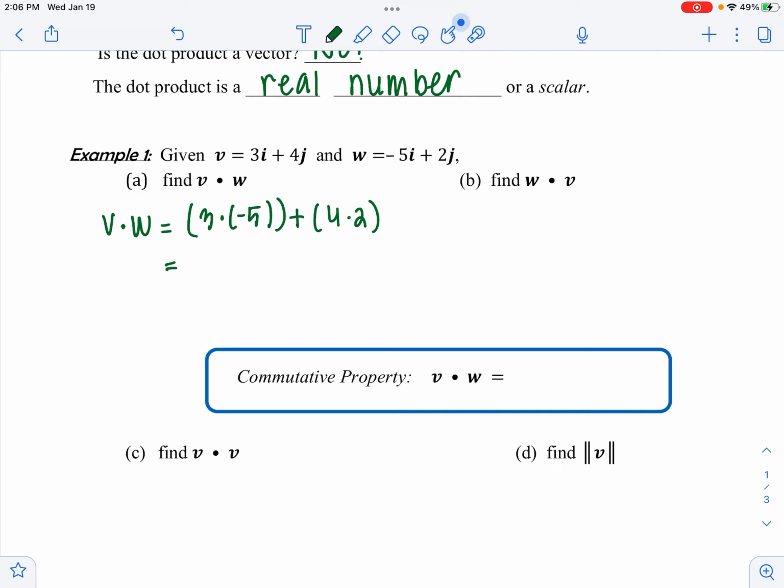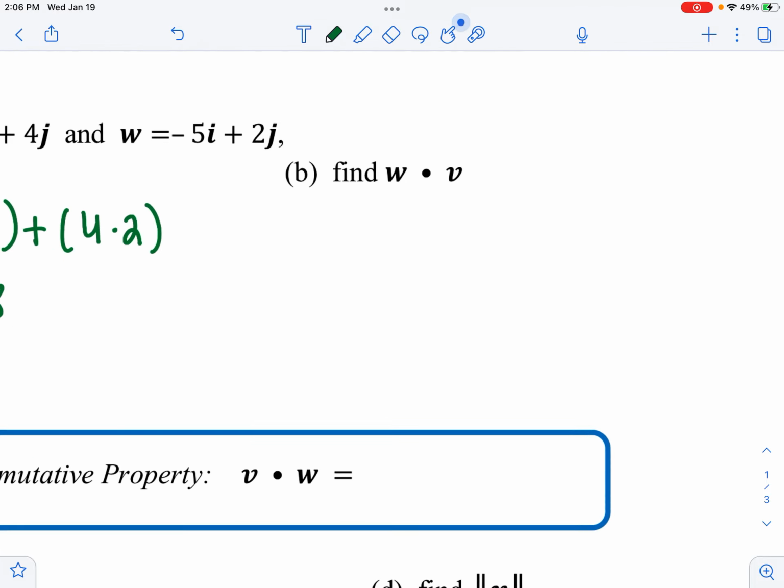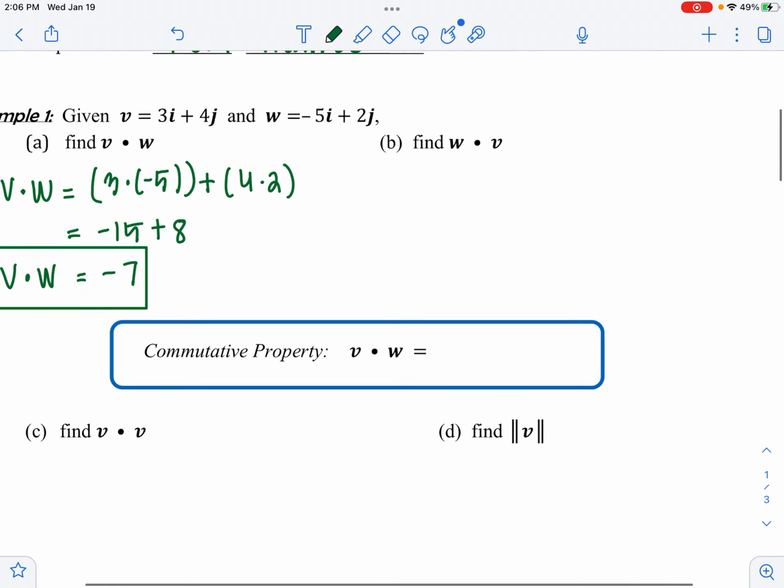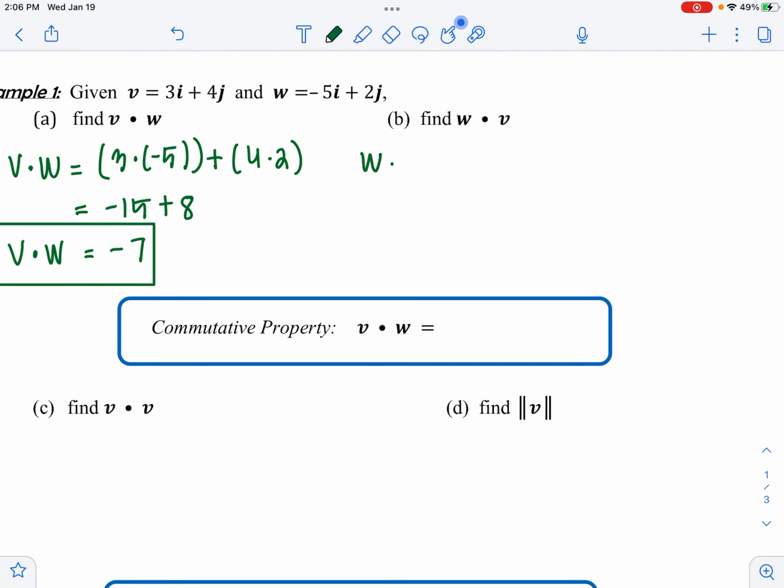Now you just multiply and add. So 3 times negative 5 is negative 15, plus 4 times 2 is 8, and you get the dot product is negative 7. So v dot w is negative 7. Notice it's a real number.